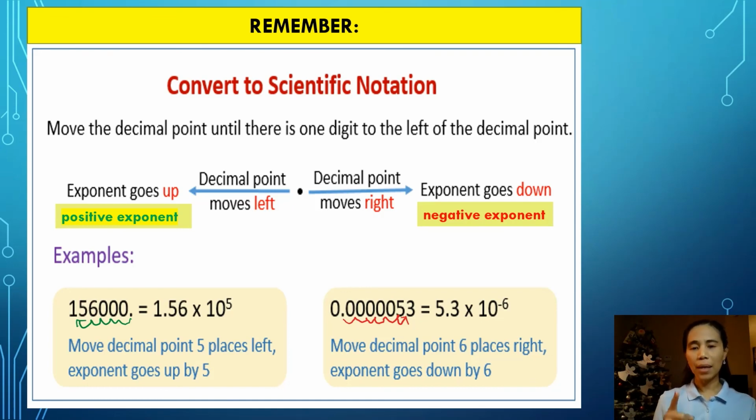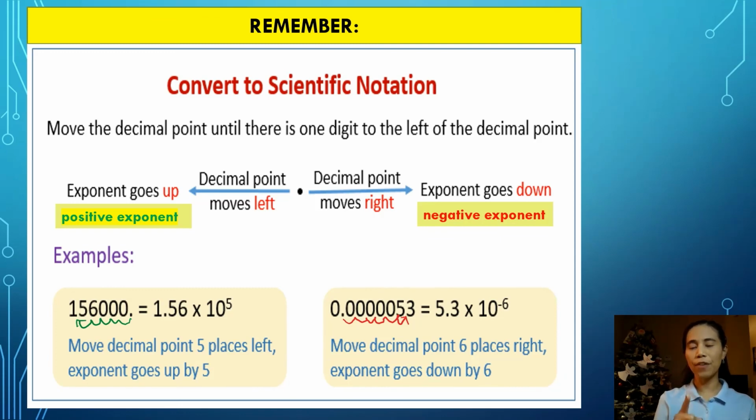The example is this small number, 0.000053. And the answer would be 5.3 times 10 to the negative 6. Why? Because if we are moving the decimal point from after the 0, so we have 1, 2, 3, 4, 5, 6.